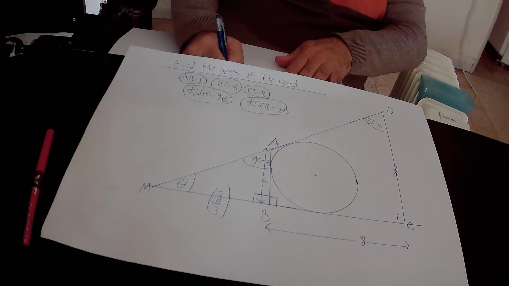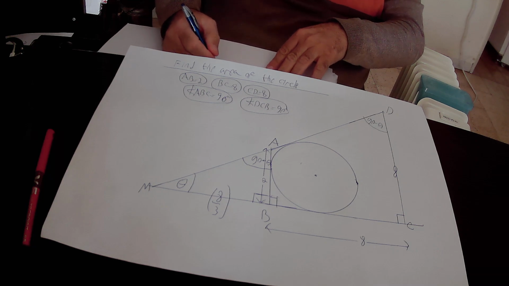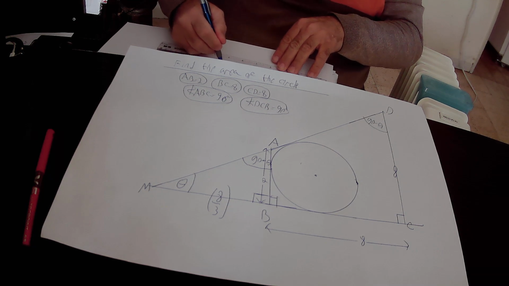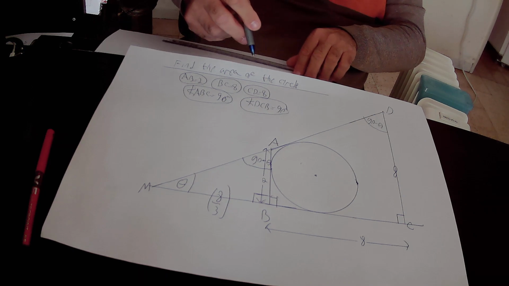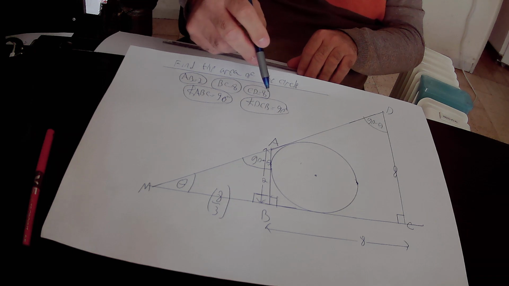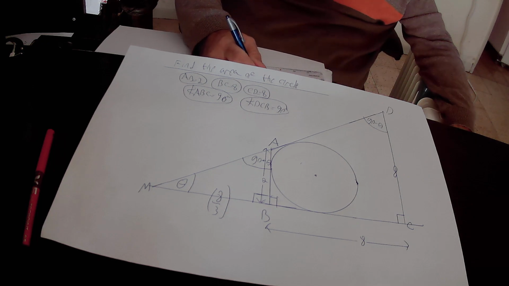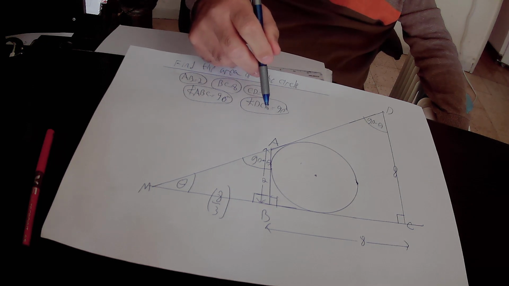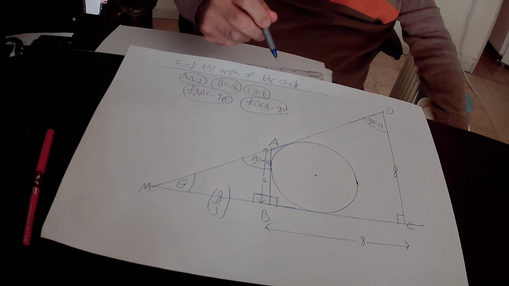According to the Pythagoras theorem, in any right triangle, the square of the hypotenuse equals the sum of the squares of the perpendiculars. The hypotenuse in the right triangle ABM is AM, therefore the square of the hypotenuse is AM squared, and it is equal to AB squared plus MB squared.